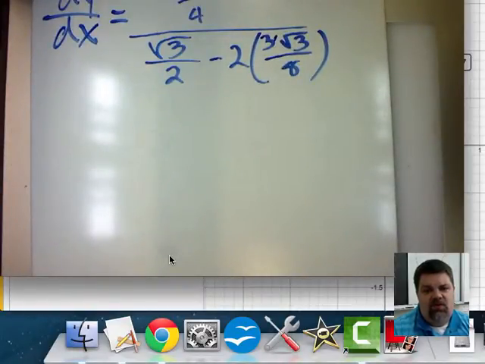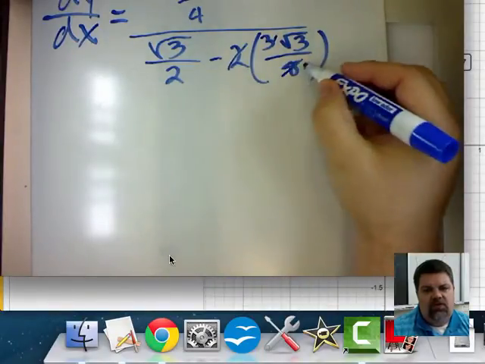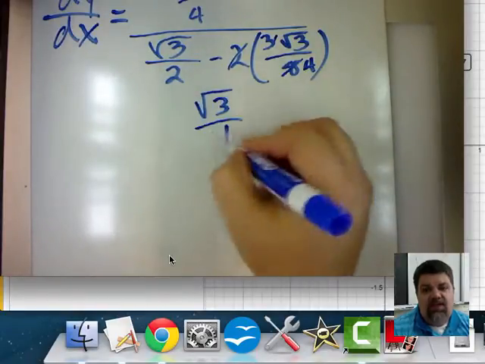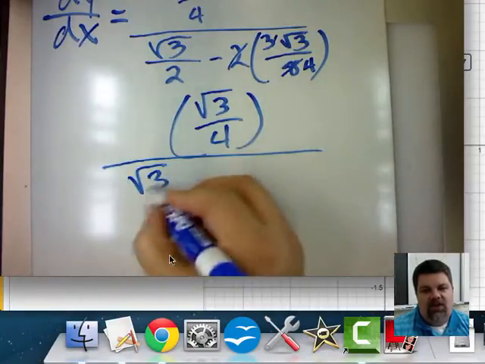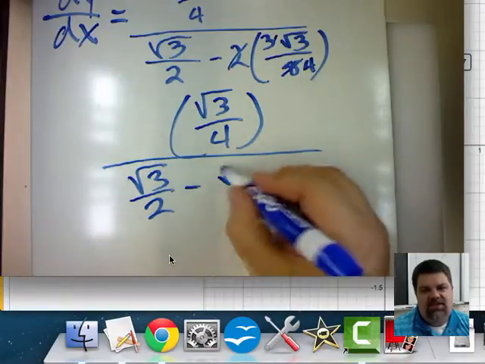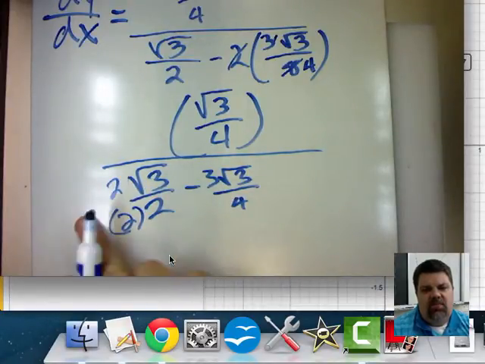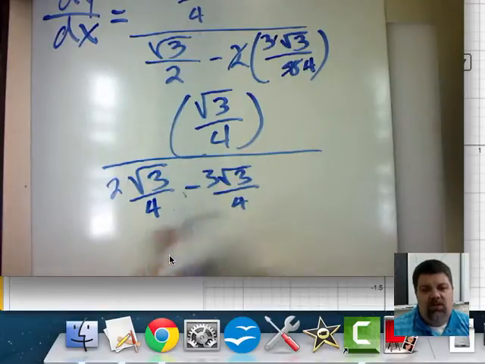So let's clean this up a little bit. I have √3 over 4 over √3 over 2, minus 2 times the quantity 3 times √3 over 8. By doing some cross canceling, I end up with √3 over 4 over √3 over 2, and then minus √3 over 4.